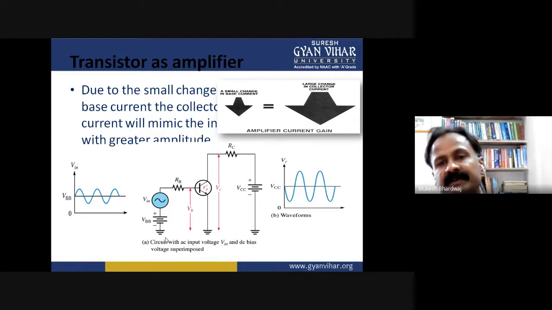Transistors and amplifier. Yes, a transistor is used as an amplifier, because a small change in input current or base current makes the collector current mimic it with greater amplitude. A small change in base current gives a larger change in the collector current.